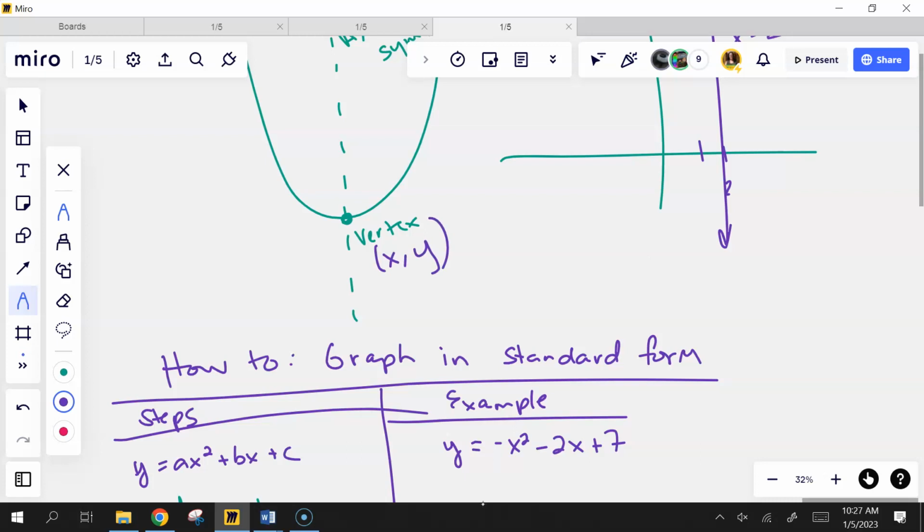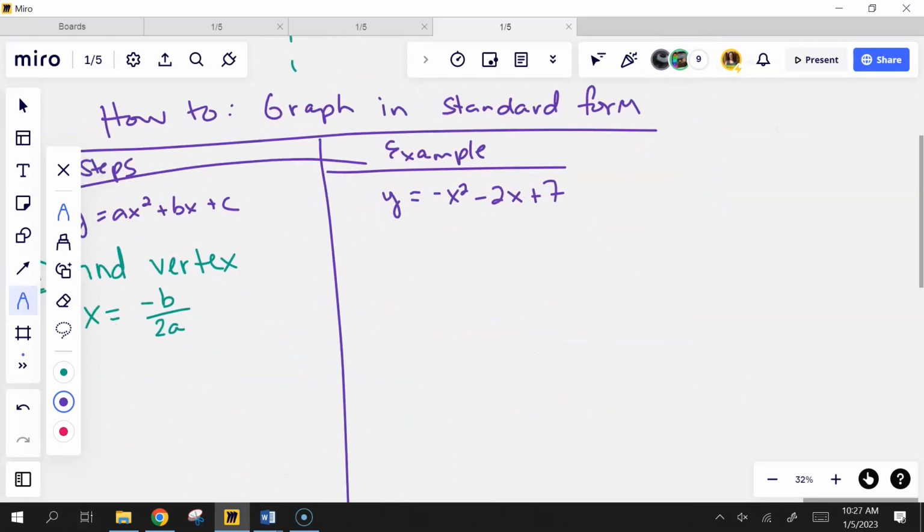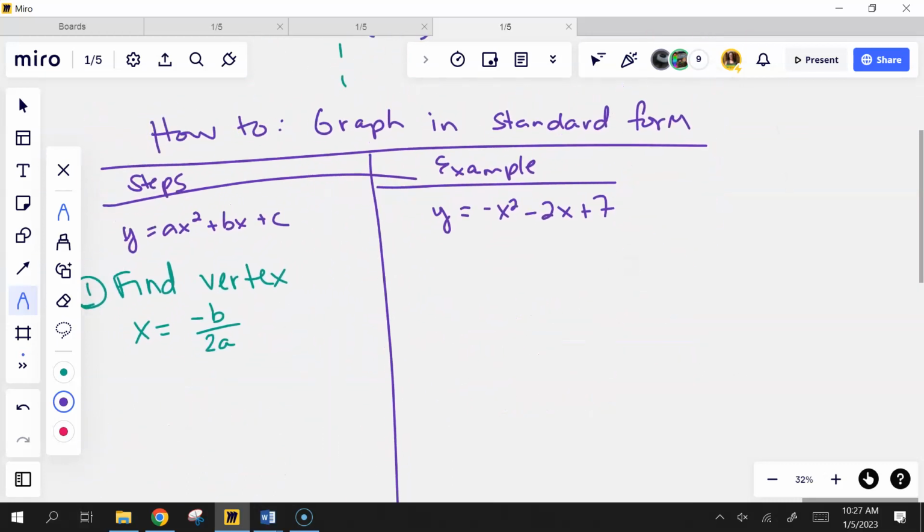All right, so to find the axis of symmetry, also known as the X portion of the vertex, I'm going to plug in this little equation. All right, I got opposite B over 2A. So over here on the right side, for my first step, I'm going to say my vertex is, first thing I'm going to do is opposite B over 2A. Now here, I'm probably going to write A, B, and C, just so I keep my variables straight.